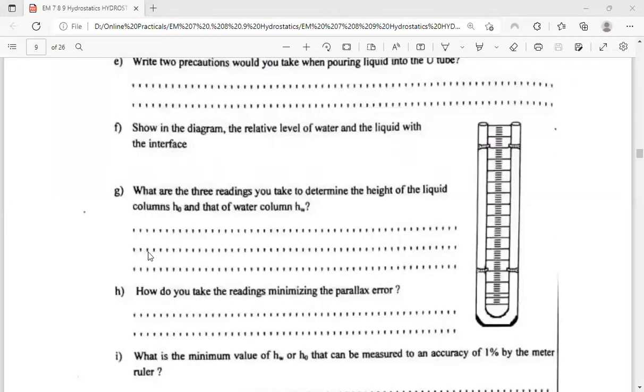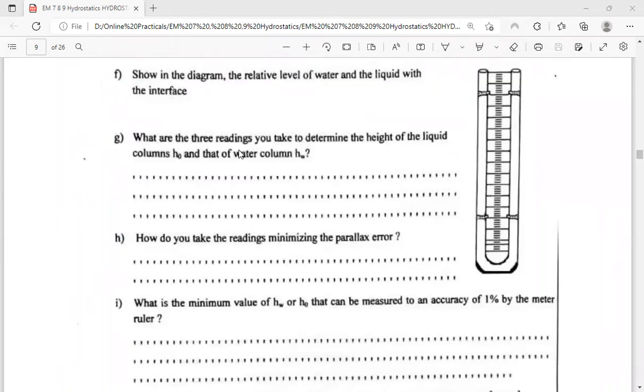They will ask how to minimize the parallax error. So we have to use a ruler or set square, and get our eye level parallel to the common interface. What is the minimum value of HW that can be measured to accuracy with a 1 meter ruler?